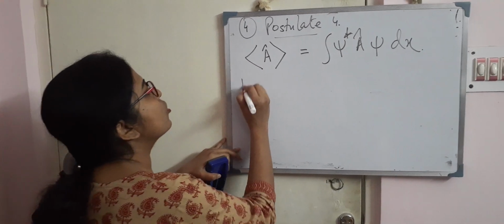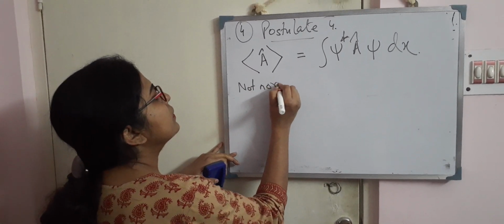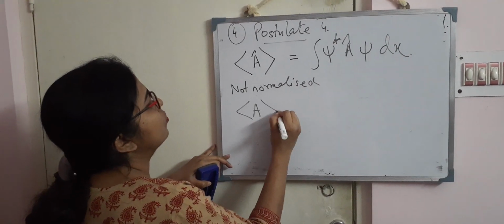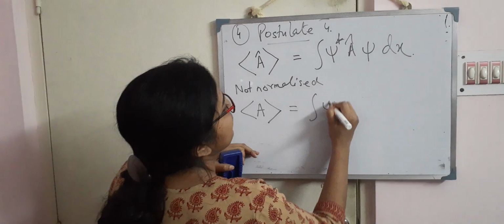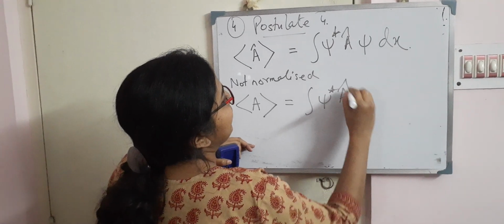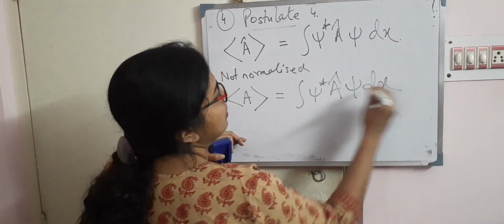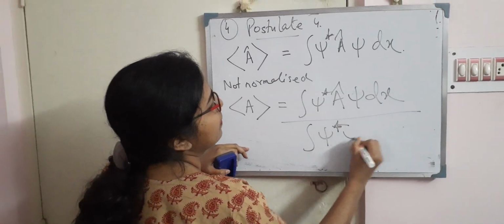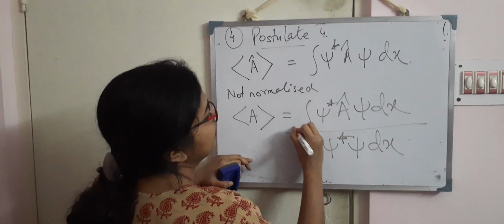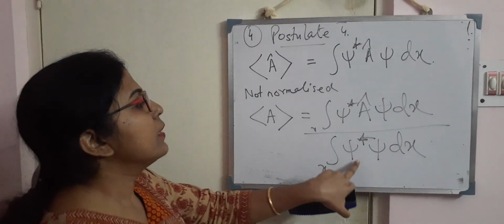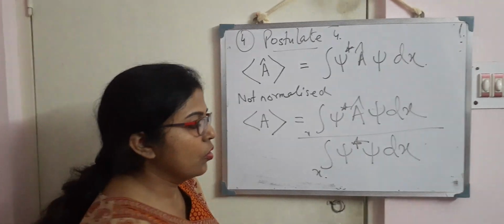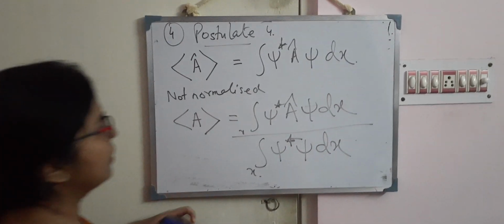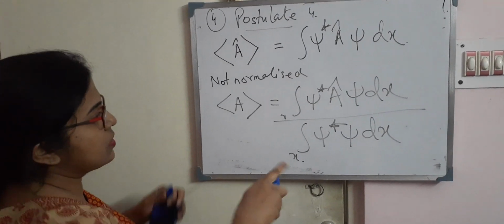Now if the state is not normalized, then the expectation value will be given by integral psi star A cap psi dx divided by integral psi star psi dx. Because for a normalized case, you know that this is equal to 1. So if it is not normalized, you have to divide by this denominator.